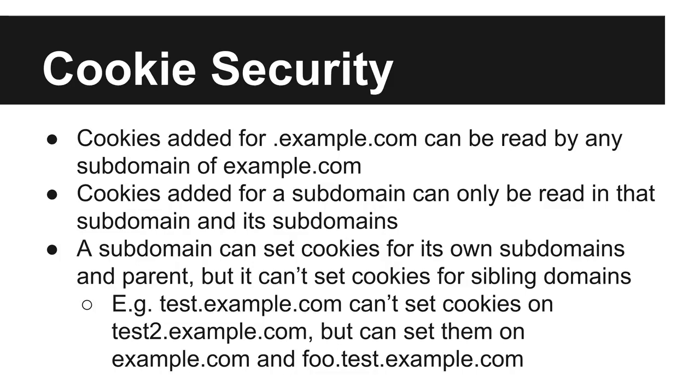What that means really is that, let's say that you have the subdomain test.example.com. It can set cookies on example.com, because that's its parent, and it could set cookies on foo.test.example.com, which is its child domain, its own subdomain, but it couldn't set them on test2.example.com, because that's a sibling domain.